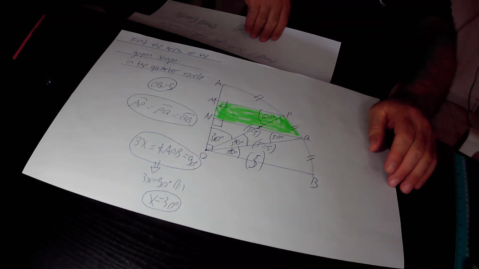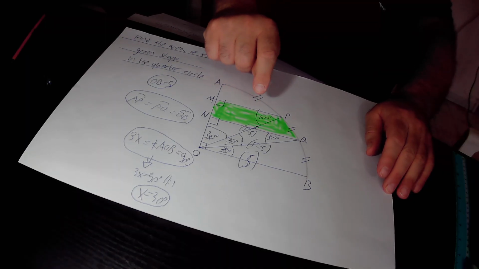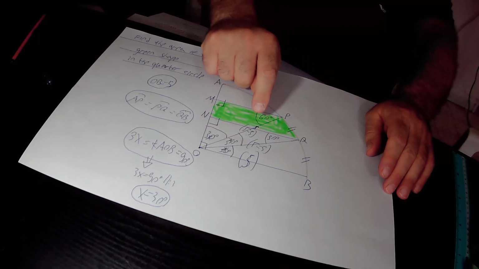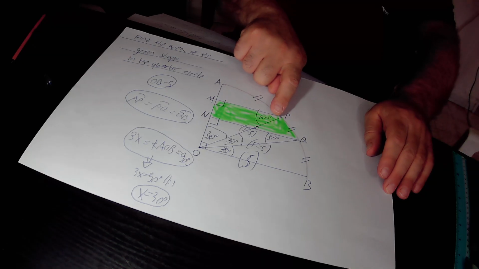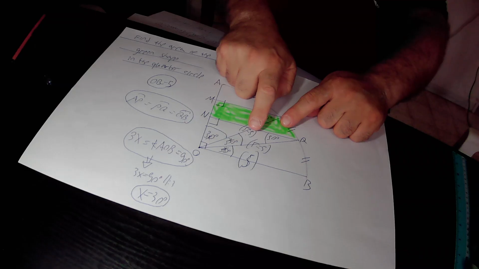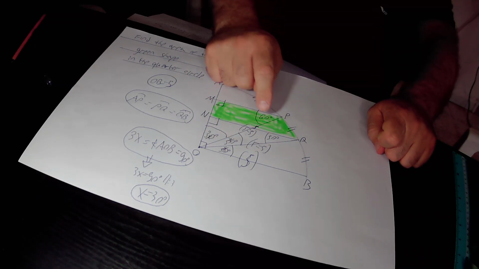Then again, in total the area of this green shape is equal to the area of this white right triangle SOQ plus the area of this green shape PSQ. But the sum of the areas of those two components is equal to the area of sector POQ.